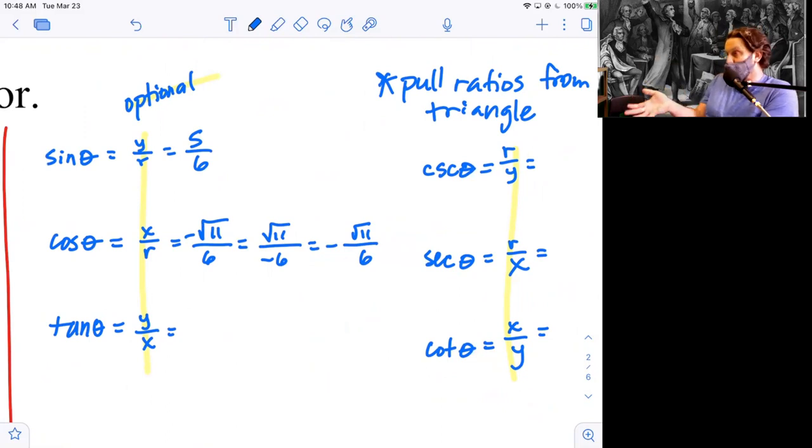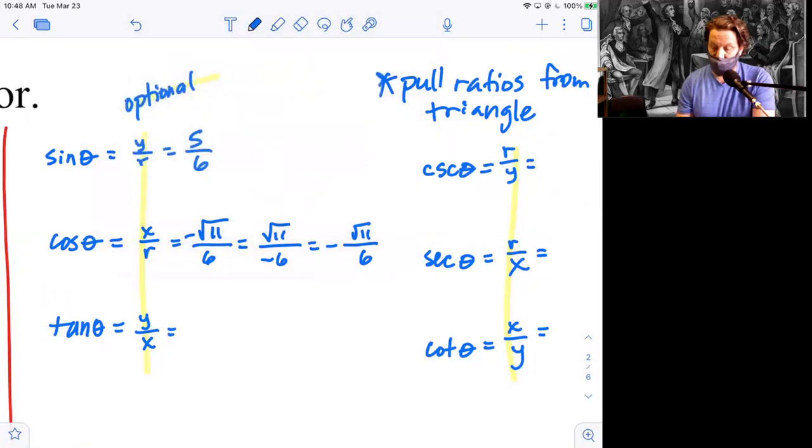So if I told you the cosine ratio is negative square root of 11 over 6, you would have to realize why it's negative. Because it's x over r, and r is always positive, it has to be negative because x is negative, right? So I don't care how you write it, as long as it's simplified, okay? And the square root of 11 is completely simplified.